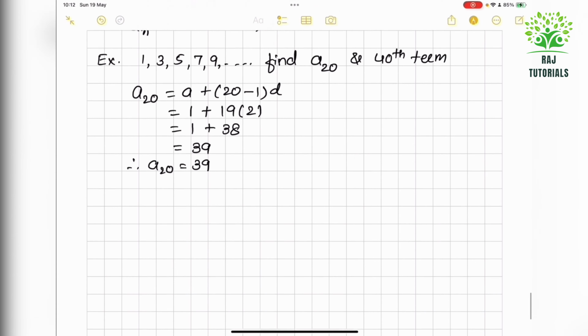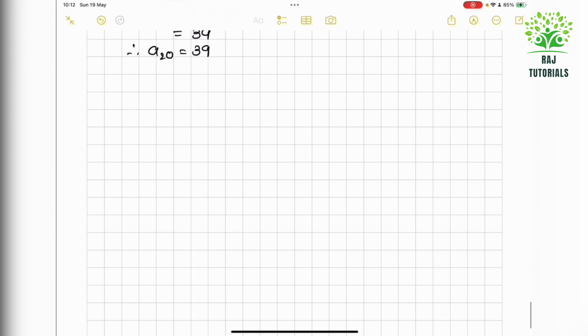Now if I want to find the 40th term, it will be A40. So that will be A plus 39D. How did I get this? See, A plus (40 minus 1)D. I did this directly, orally.